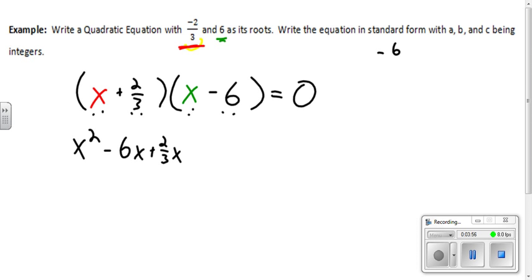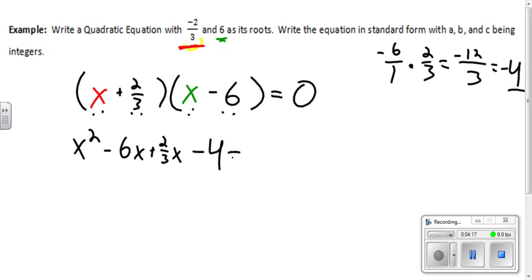If we've got -6 over 1, that's how you'd write -6 as a fraction, times 2/3, 2 over 3, we go right across. -6 times 2 is -12. 1 times 3 is 3. -12 divided by 3 is -4. So we have a -4 at the end here. And again, that equals 0.